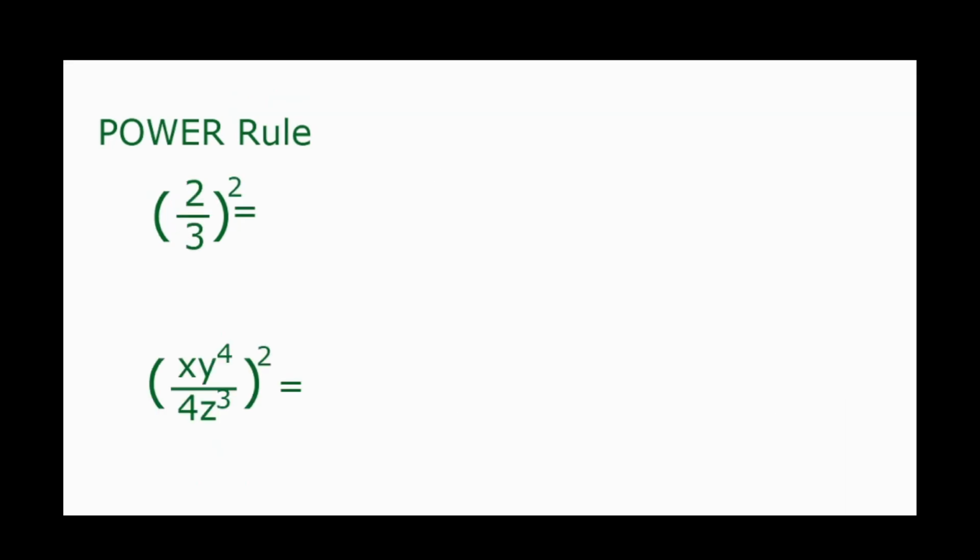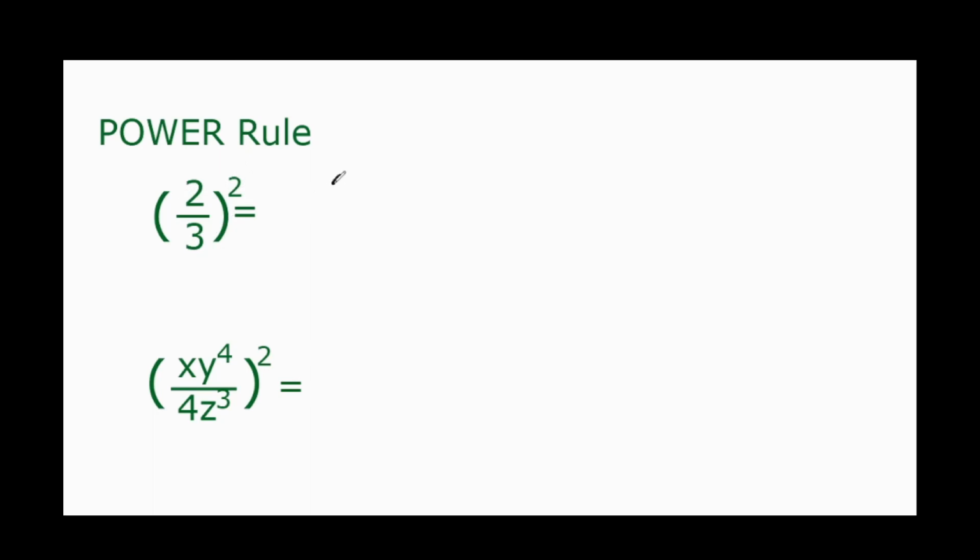Okay, so now let's have more examples about the power rule. As you can see in my next set of examples, we have rational expressions. What if it's 2 over 3 quantity raised to 2? Same, we just have to distribute our exponent 2 to our numerator and denominator coefficients by multiplying it to their exponents.